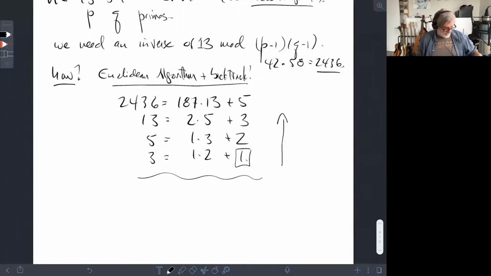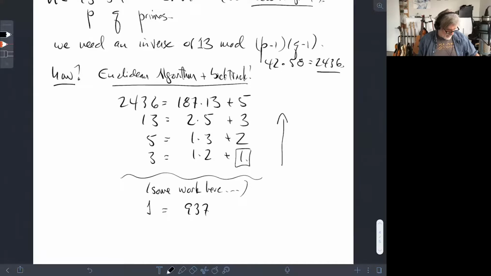And you will find, so some work here, obviously. You will find that 1 is equal to, here, did I write it out? 5 times plus 2, that's 937.